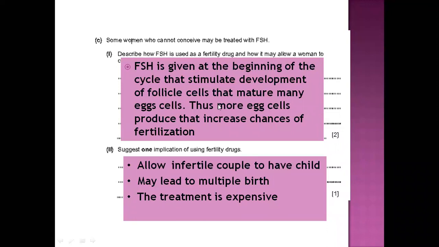Here they just mean what conclusion we can draw from it. So all of these we can understand from using fertility drugs. If we use fertility drugs, what can happen?